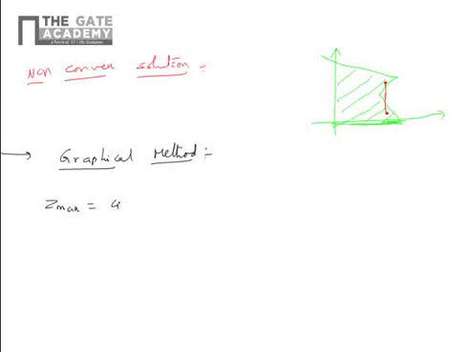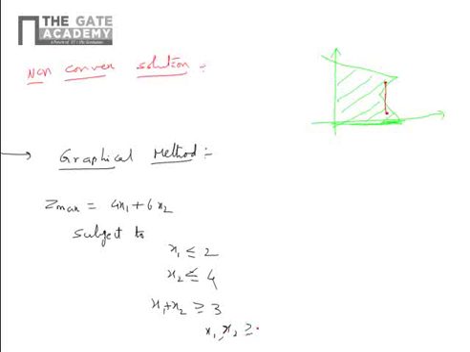Zmax equal to 4x1 plus 6x2 subject to x1 less than or equal to 2, x2 less than or equal to 4, x1 plus x2 greater than or equal to 3, and another constraint is x1, x2 greater than or equal to 0. These are non-negative constraints.